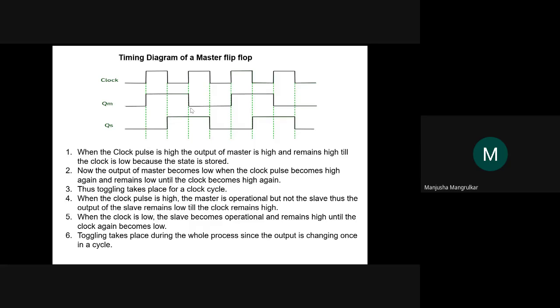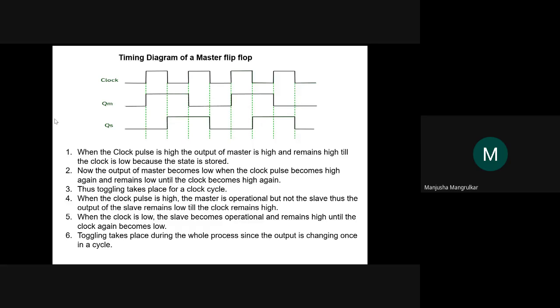Earlier QM was 1, now it gets 0. When the clock goes negative, the slave flip-flop starts activating, for a complete clock cycle. So this way the master QM and the slave QS give the output according to the clock pulse.